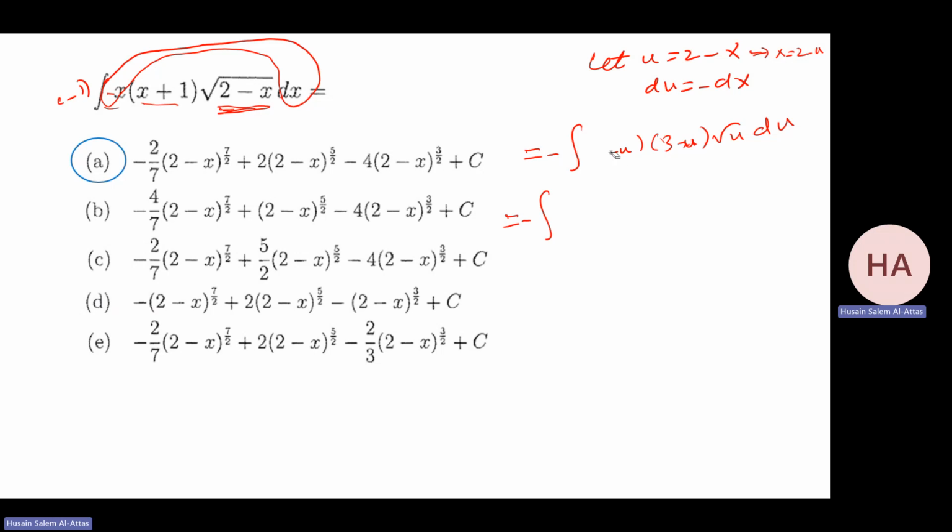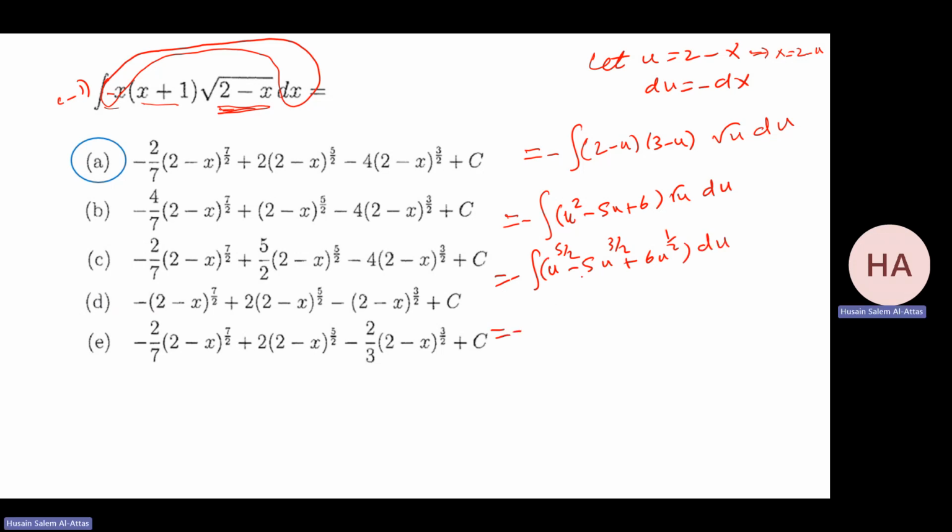Now I need to simplify this. Do the product. Let me write it. 2 minus u times 3 minus u. That will be what? u squared minus 5u plus 6, times square root of u du, which is minus the integral of u to the power 5 over 2, minus 5 u to the power 3 over 2, plus 6 u to the power half du.